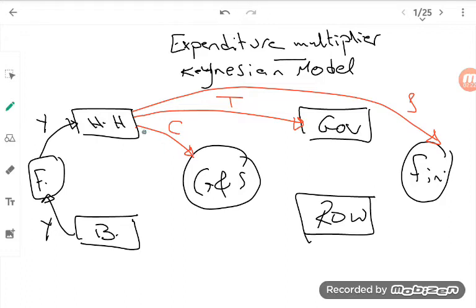Households are going to pay consumption expenditure, or price of goods and services, through the goods and services market to businessmen. Government will use taxes, which is the main source of income for the government, in order to buy goods and services, and this is known as government expenditure, from businessmen through the goods and services market.